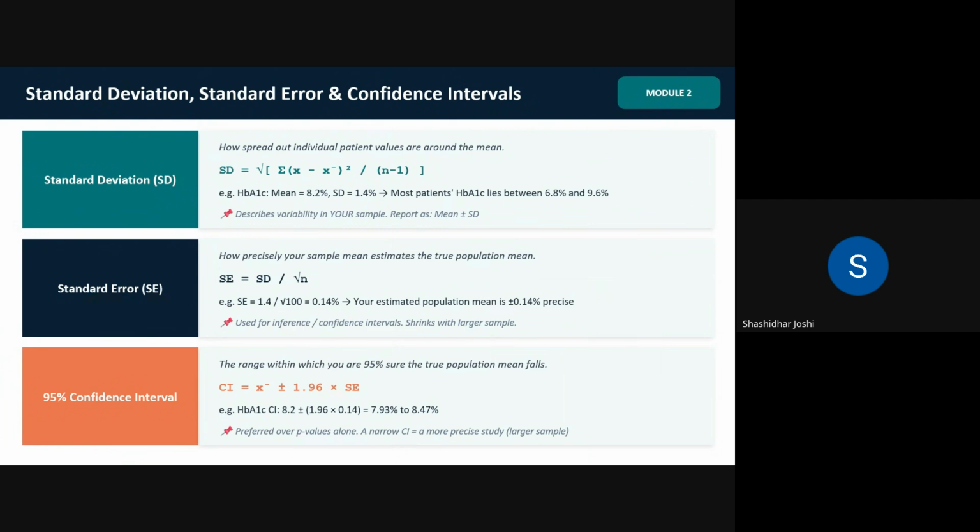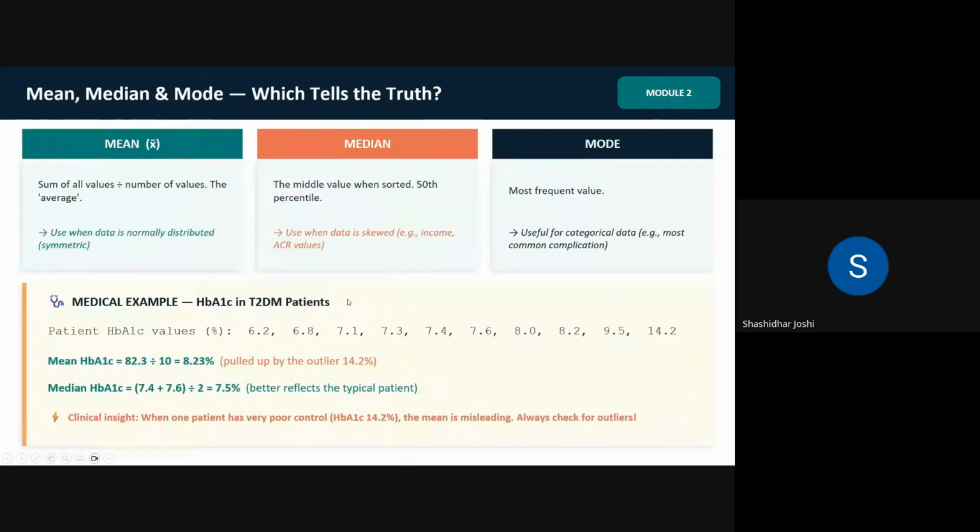The standard deviation is nothing but a description of the variability in your sample. If I go back to the previous slide, the data series here is 6.2, 6.8, until 14.2. Now you can make out what the variability in this data is, the distance between 6.2 and 6.8, 6.2 and 7.1. All these things you can make out manually also. You need not calculate the standard deviation. You can make out manually the distance between each and every value in this particular data.